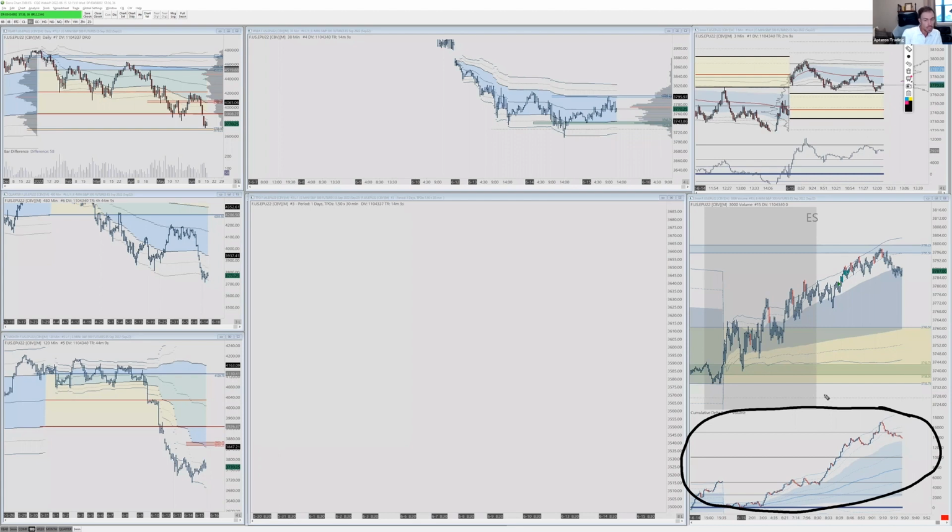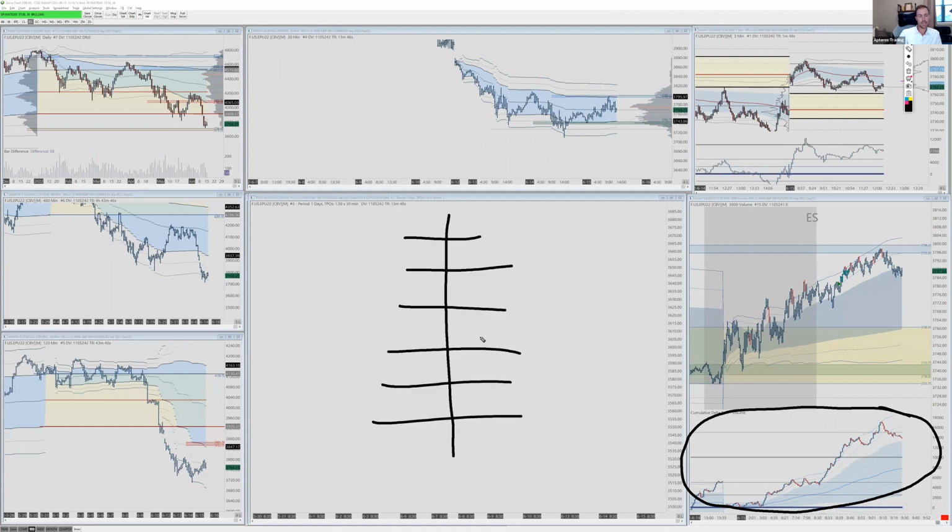Used to, I also used a footprint chart. I will say that a footprint chart for some people can make it way easier to see absorption, passive activity, because what's going to happen is you have a footprint chart, and the bid and the ask are right here and right here, right?